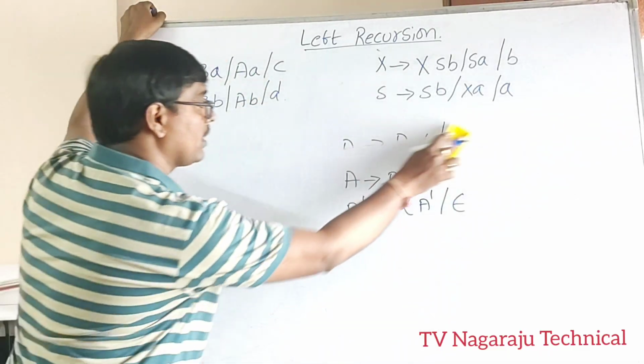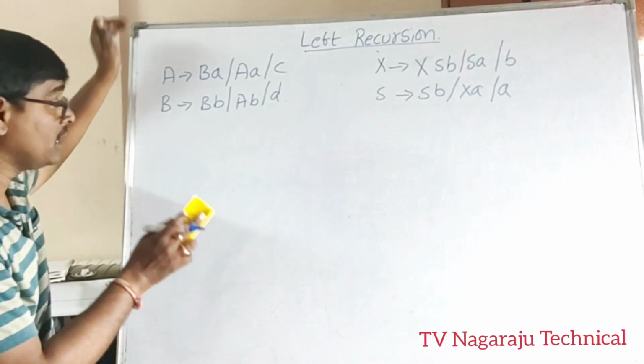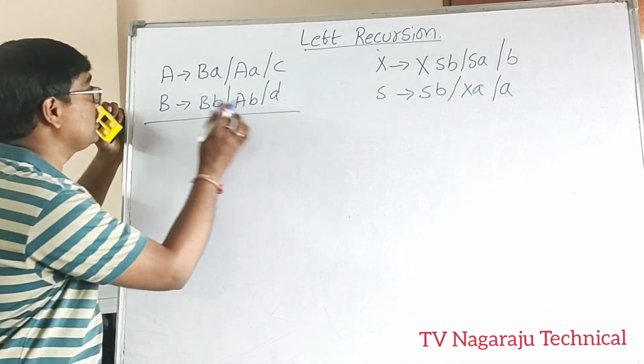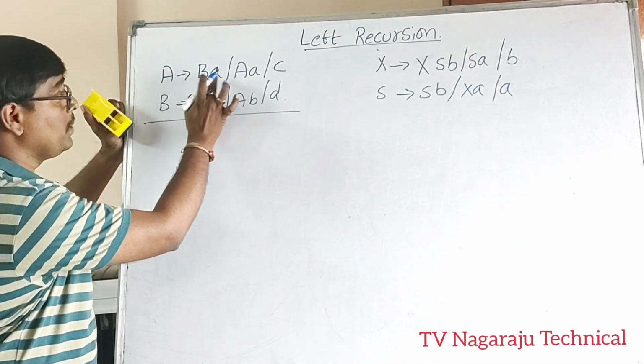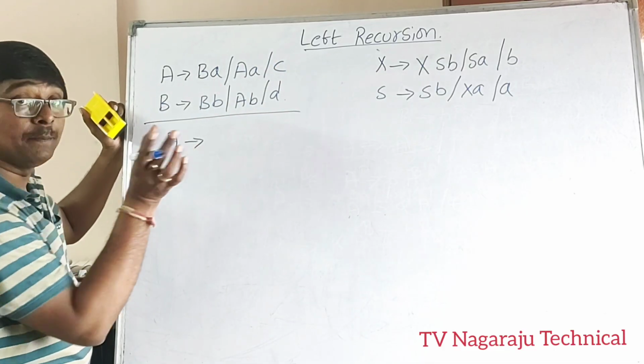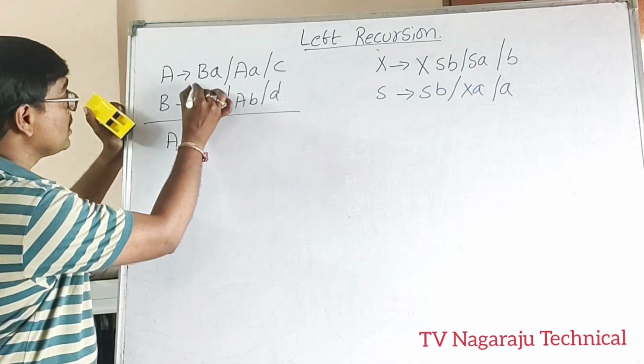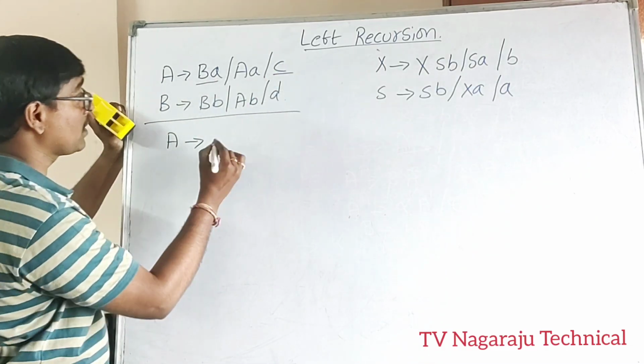Now in this session we are directly moving to the examples of left recursion elimination. First, consider this grammar. A tends to A, C. Now A tends to the productions that do not start with capital A. This is one production, this is another production.